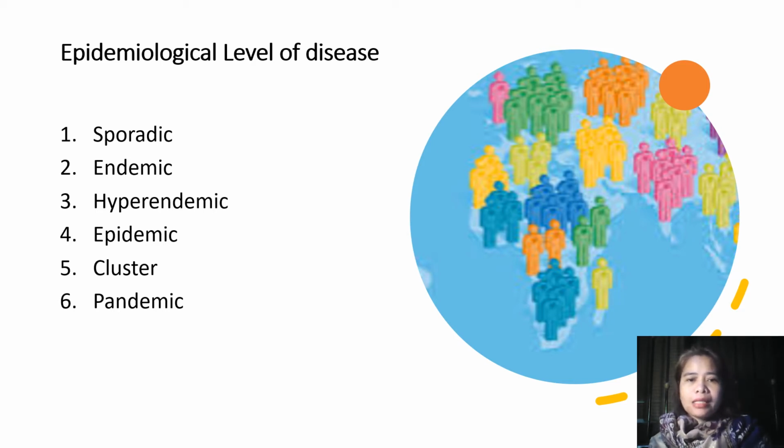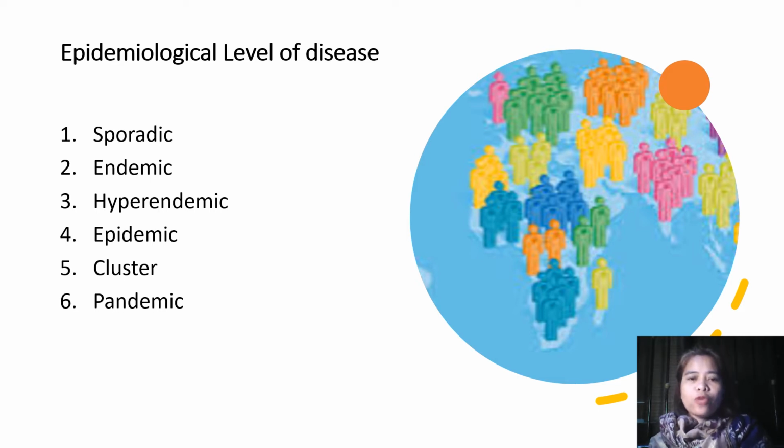Endemic is the constant presence of a particular disease in a particular population in a particular geographic area. Hyperendemic refers to a persistent, high level of disease occurrence in a particular locality.